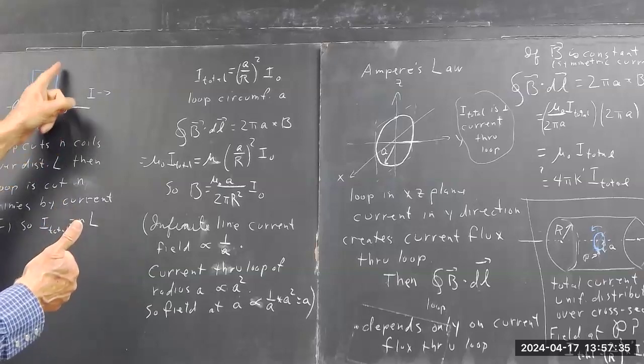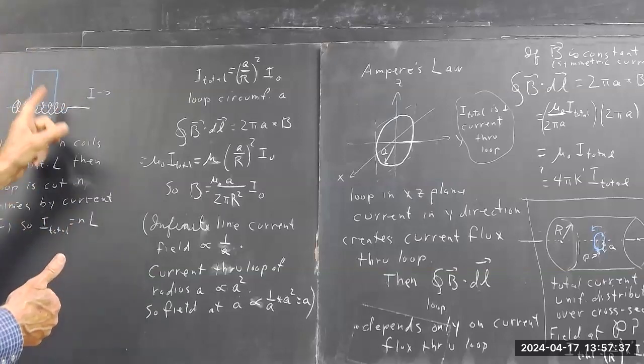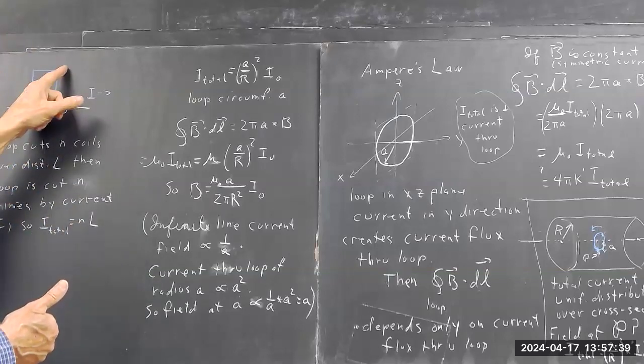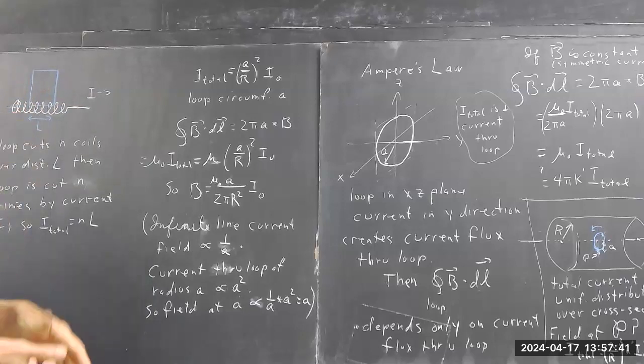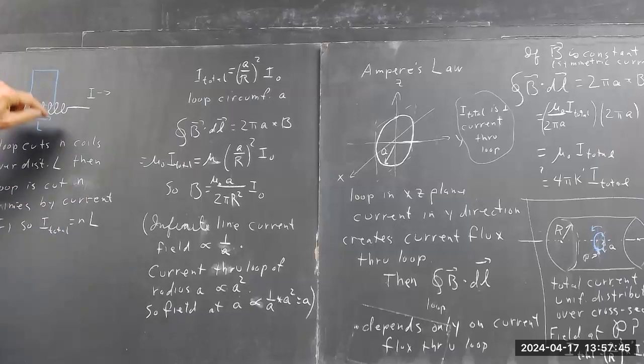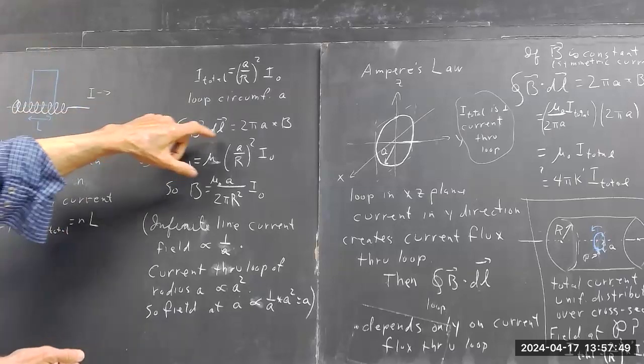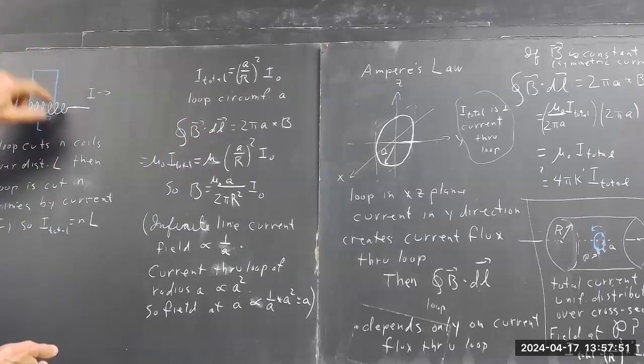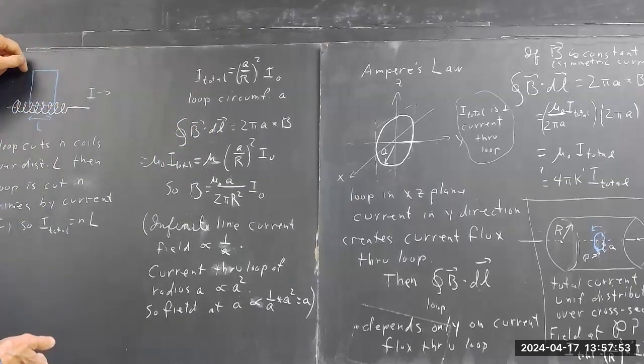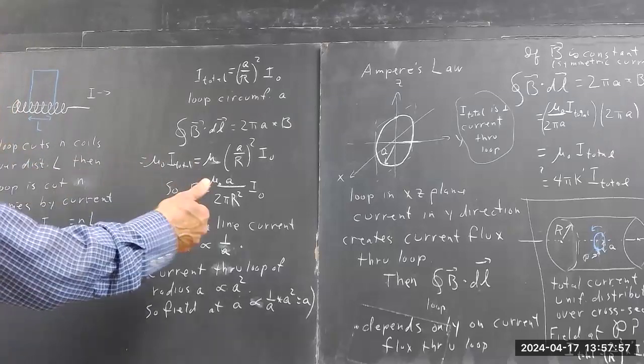Why? Because you get the same field going up as going down, and since they go in opposite directions, it cancels out. The contribution here going this way is equal and opposite to the contribution here going this way, assuming you're not too close to the ends.